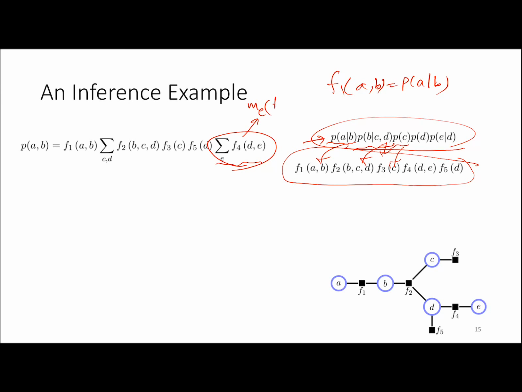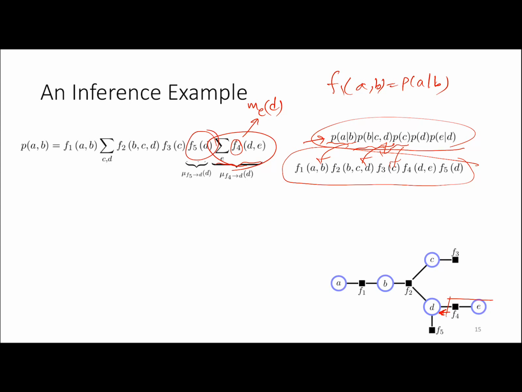D. So we are going to interpret this as a message that passes from factor F4 to D. Why? Because the factor F4 is involved, and we are getting rid of all of the things that are on the right side of this. And we are viewing this as a message that is sent from a factor to the node.